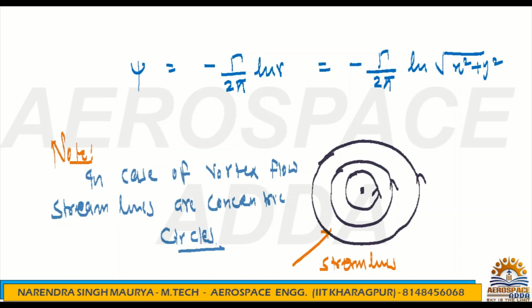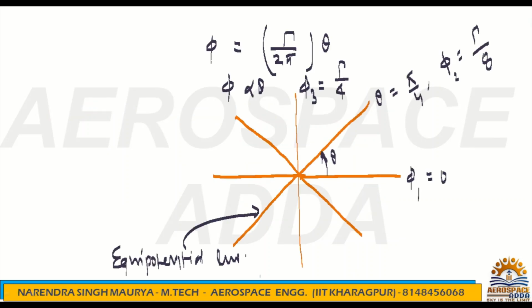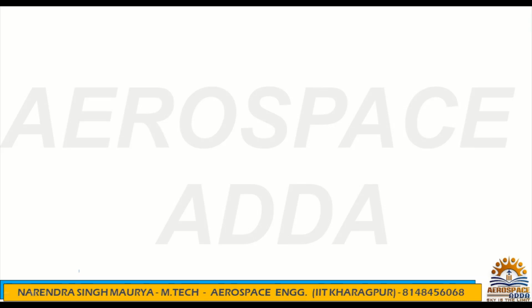But in case of equipotential lines, always remember that in vortex flow the equipotential lines are radial lines. That you need to remember. So hope this is very clear. Again, you can merge both the equipotential lines and streamlines if you want, no issue.